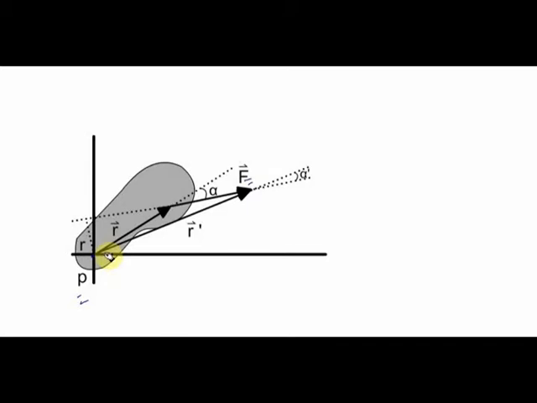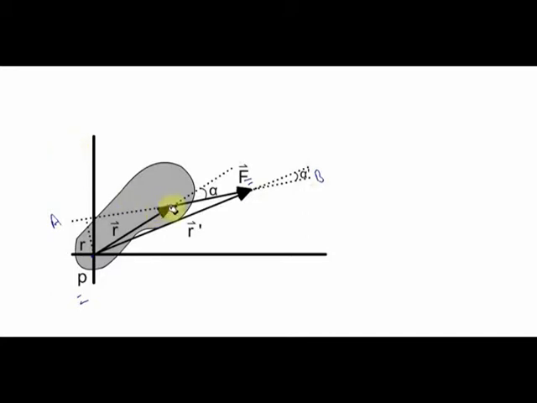So first we'll define the line of application of vector f. So the line of application will be a line AB. As you can see in the figure, the vector f falls on this line AB. So now the moment of f with respect to point P would be the cross product of the position vector of any point which lies on its line of application and f itself.